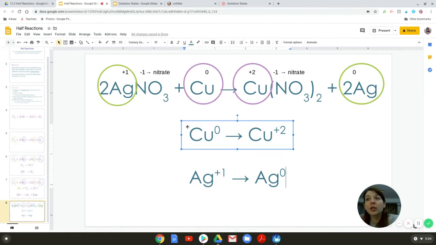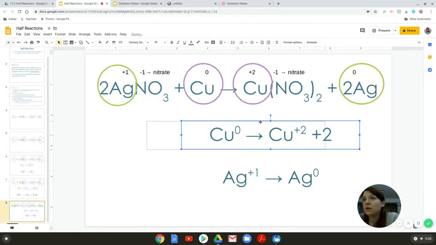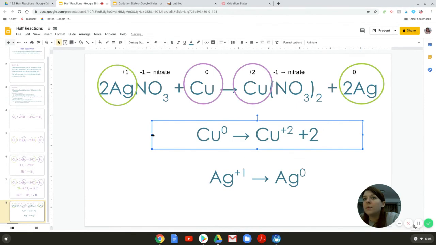So if I'm looking at my coppers, I have copper 0 turning into copper +2. Let's expand this and center it the best that we can.